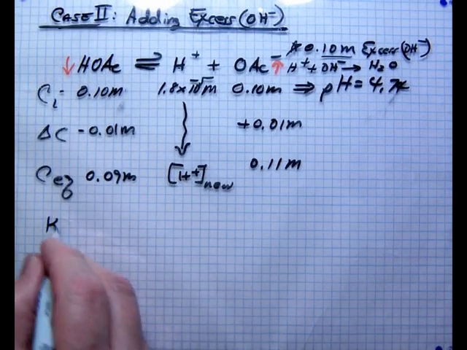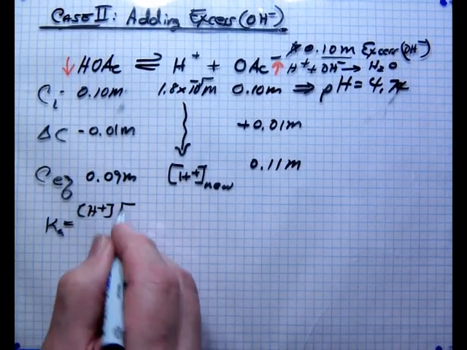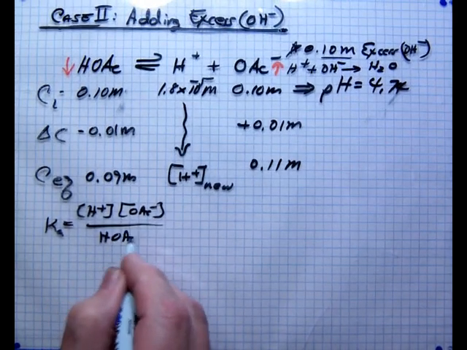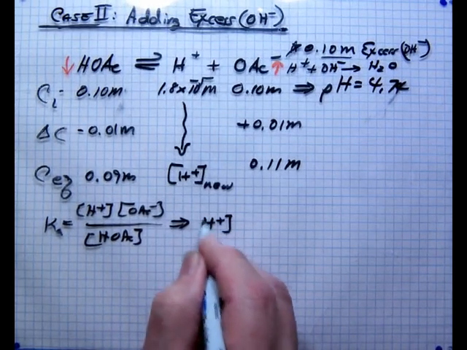So here is Ka, again equal to hydronium ion times acetate ion over acetic acid, and solve for hydronium ion.